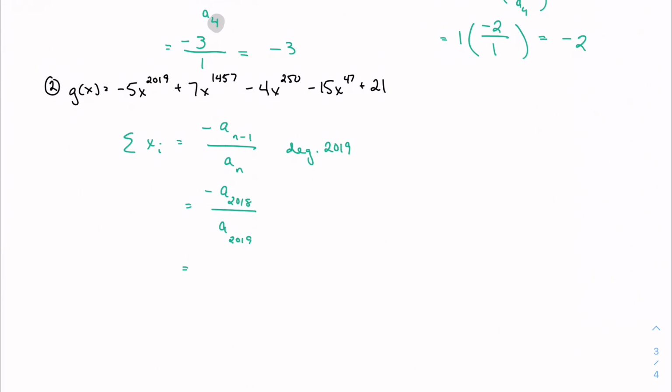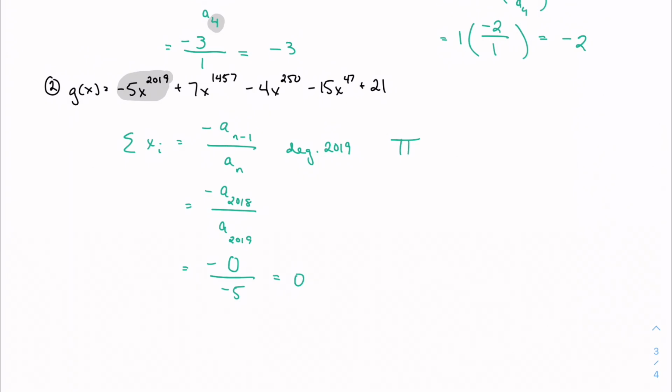The coefficient attached to my degree 2019 term is -5. I want to look at the coefficient attached to my 2018th power term. Well, it's not present in my function, which means it's a 0. So the sum of my roots is 0. This is something we notice pretty frequently: when that second term is missing, the sum of the roots is 0.